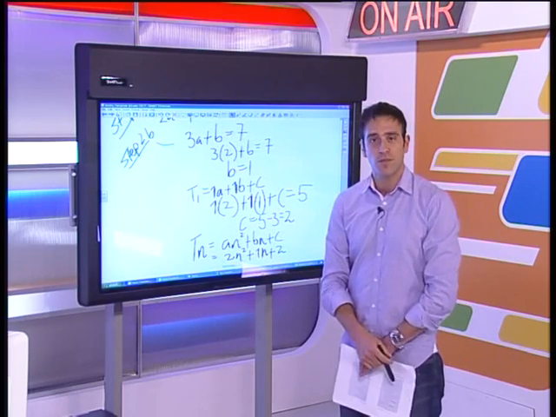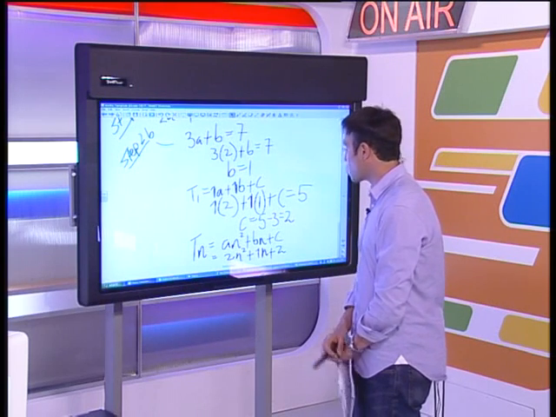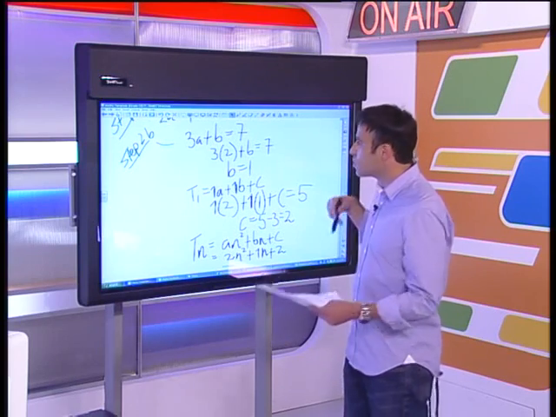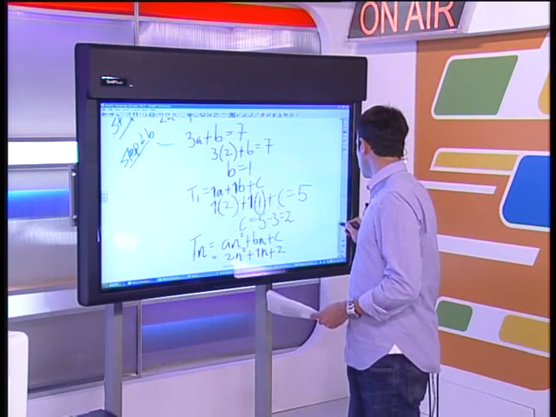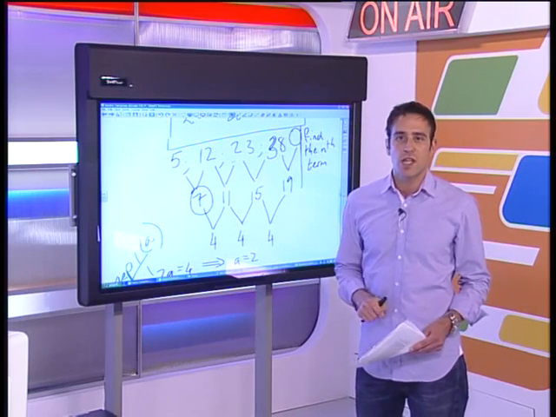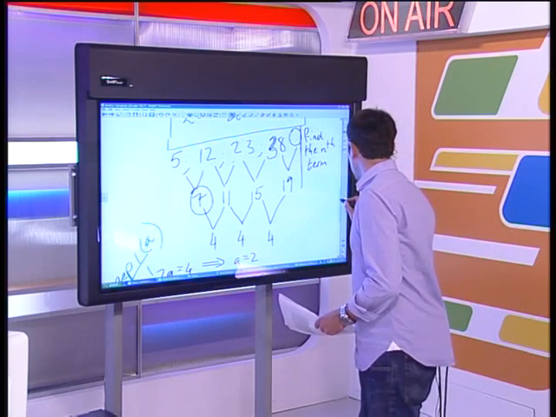So for example, we can do a quick check. Let's check to see that our answer is right here, and I hope it is. Let's confirm, for example, that T3 is actually equal to 23 using my formula, okay? Let's sub it in.